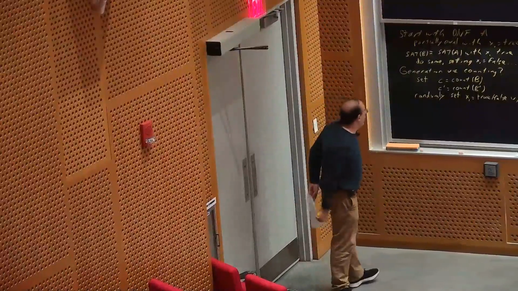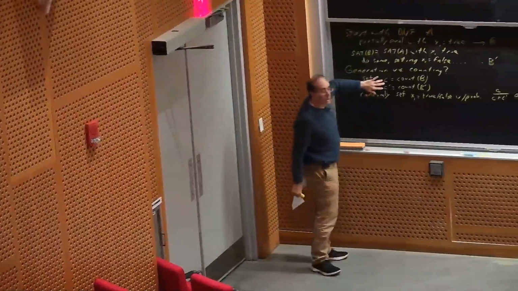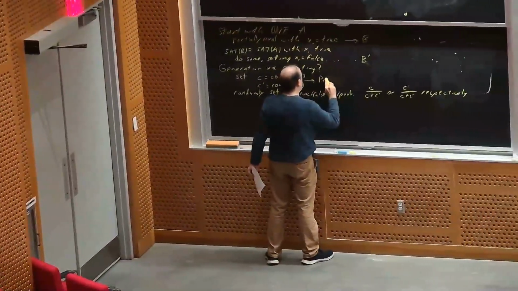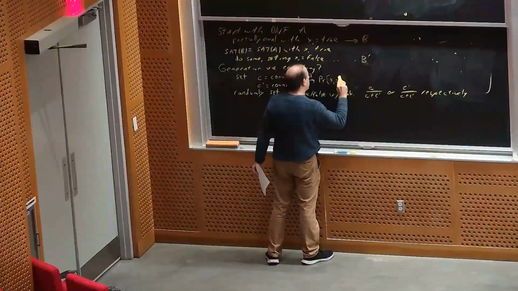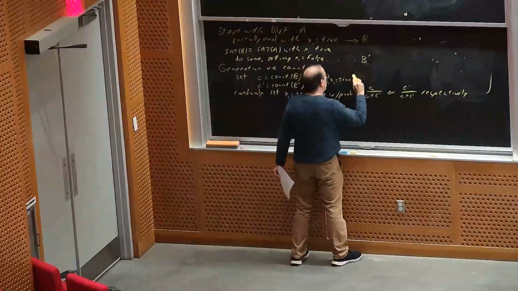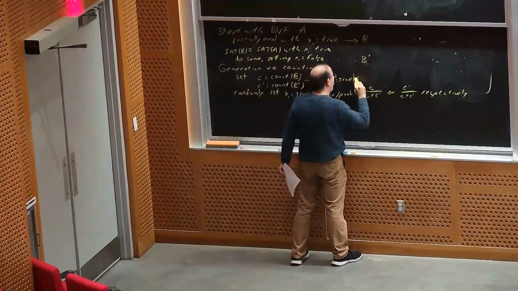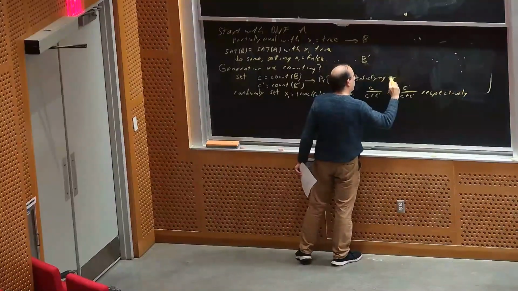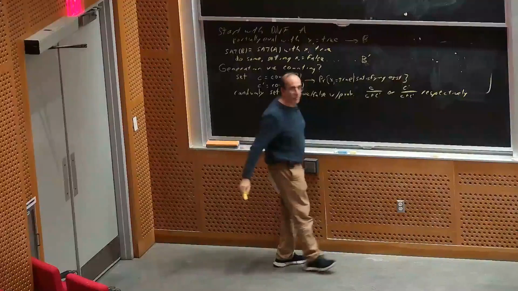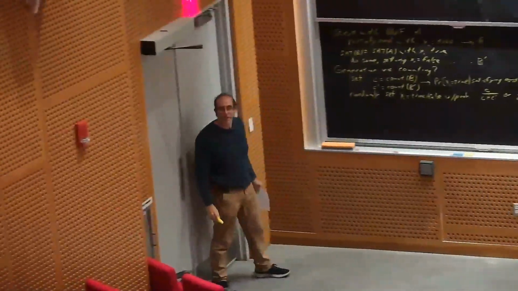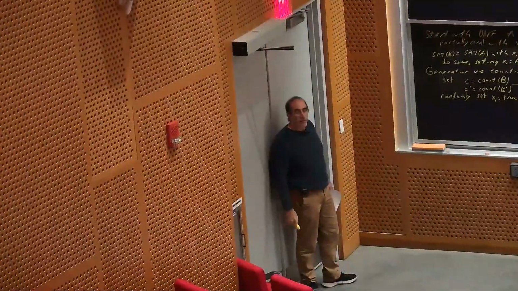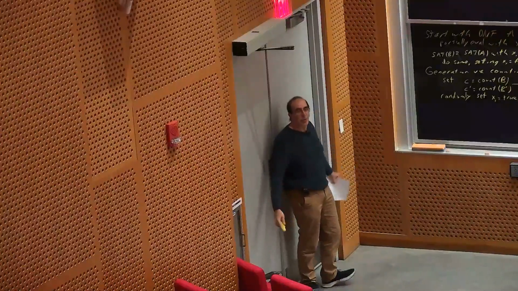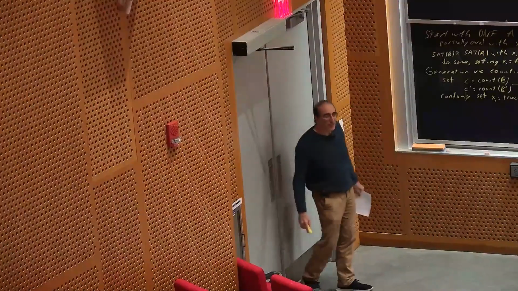So essentially, these two numbers, C and C prime, tell me the probability that x1 equals true conditioned on having a satisfying assignment. And once I know that probability, I will just set x1 to be true with that probability.